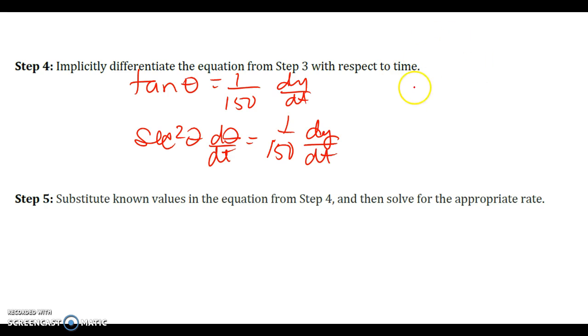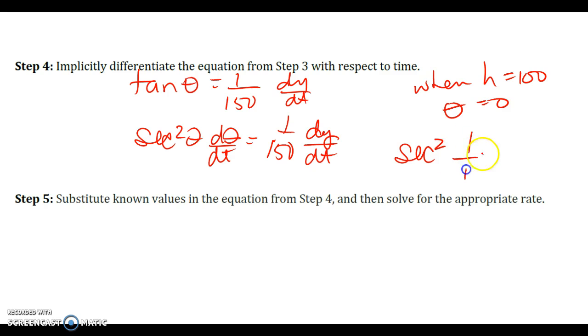All right, and when the elevator is 100 feet off the ground, the angle itself is 0. The cosine of 0 is 1, squared is 1, so secant squared of 0 is 1 over 1, which is 1.